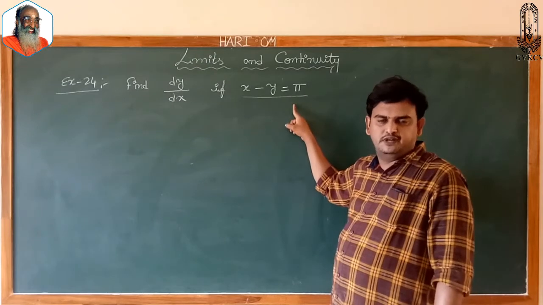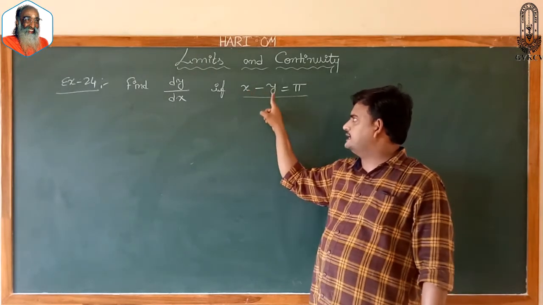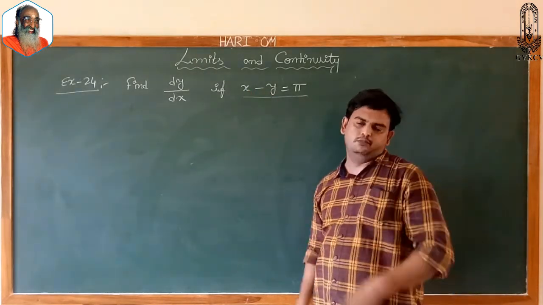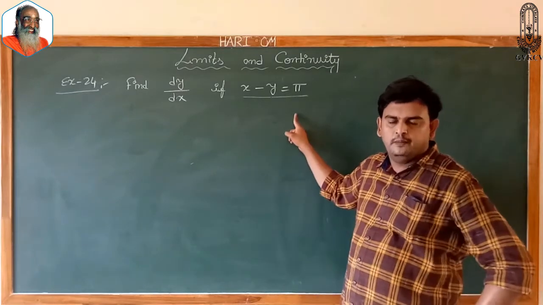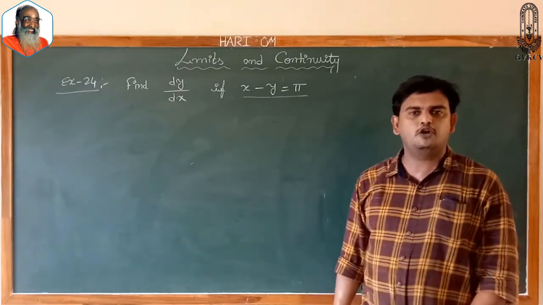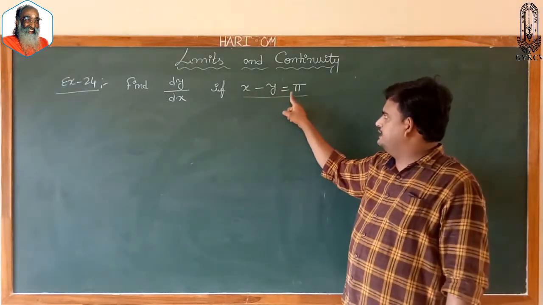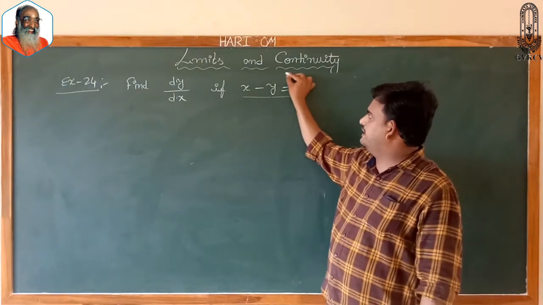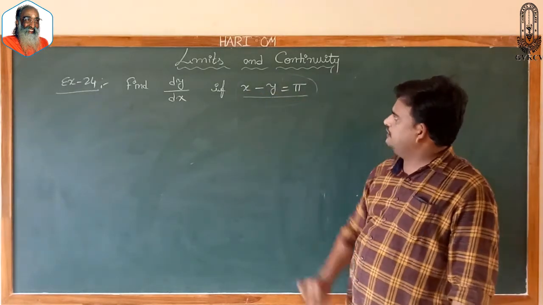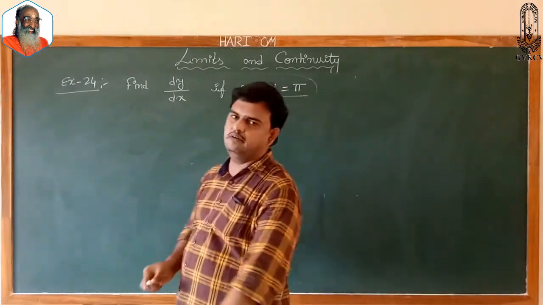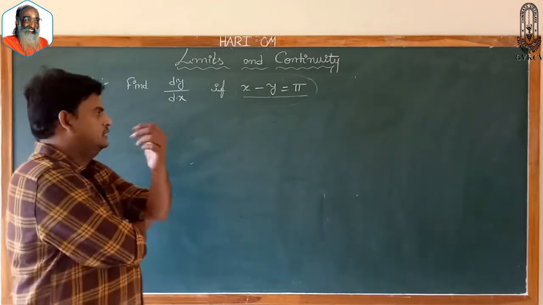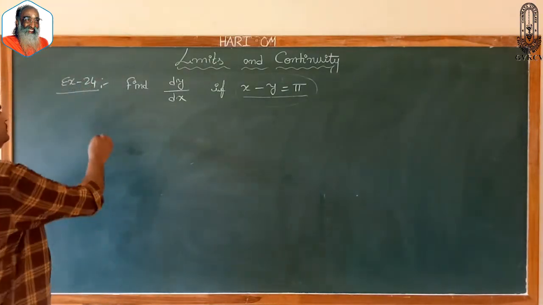When we observe this function, x and y are two variables. Then what about pi? As we know, pi is a constant. So x minus y is equal to pi. By differentiating this entire function, we need to find dy by dx. Let us see a simple problem. Solution.